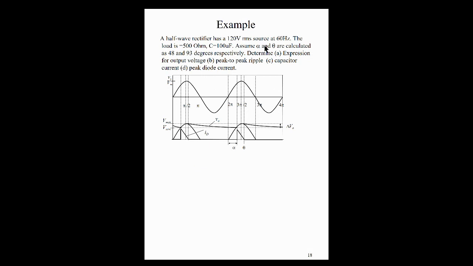You have to assume that your alpha and theta are calculated as 48 and 93 degrees respectively. So from this, you have to find the expression for the output voltage, the peak-to-peak ripple, and the capacitor current, peak diode current as well.